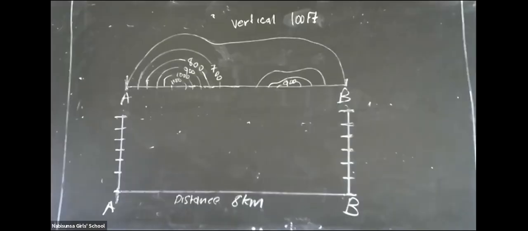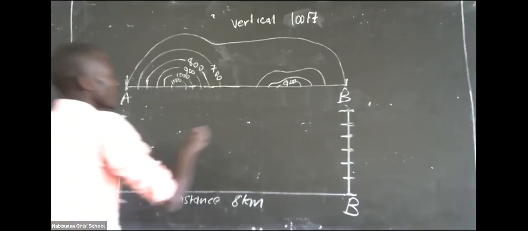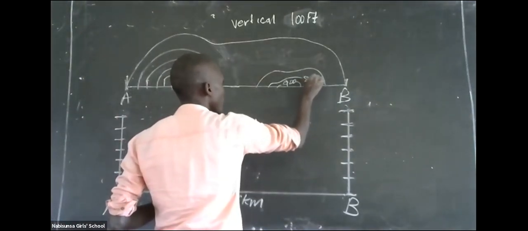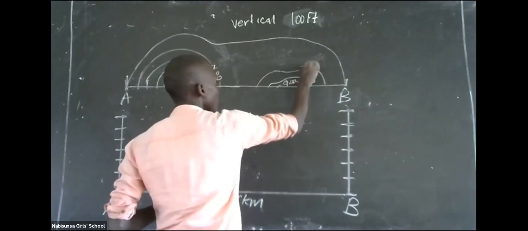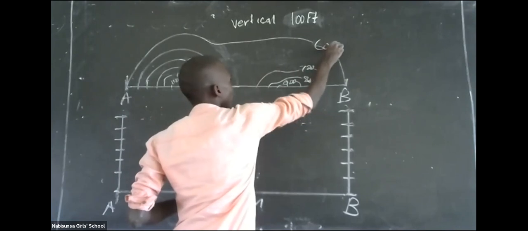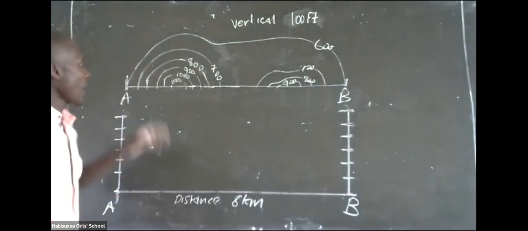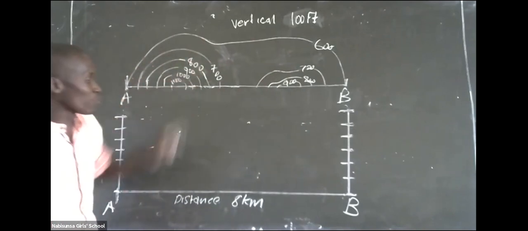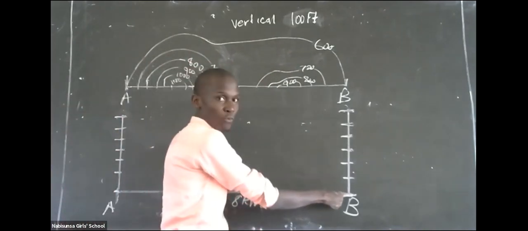Now, let us come back to the blackboard. We look at our point. This one, already here we have 800. This one is 700. Then this one is 600. Now, on our area of interest, we want to get which number we're starting with.